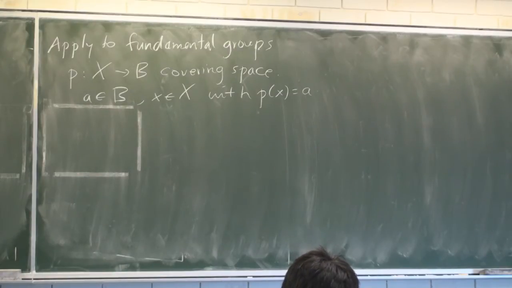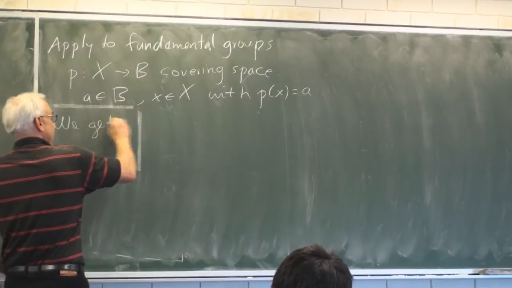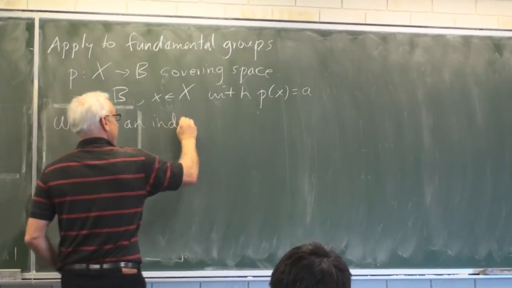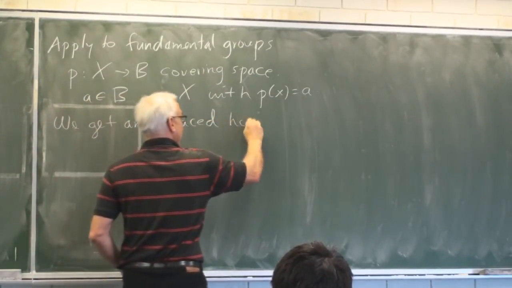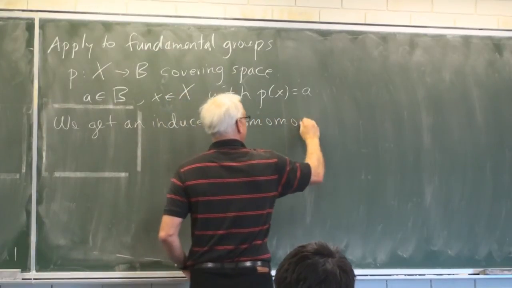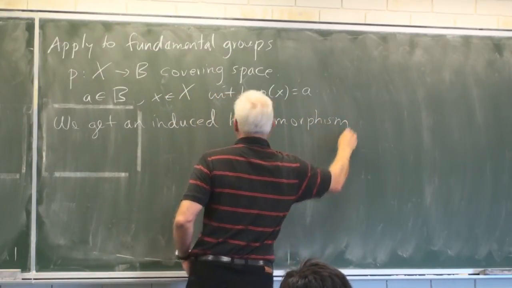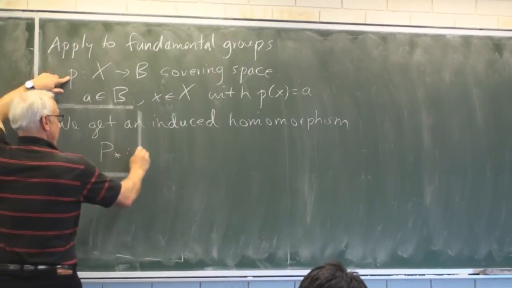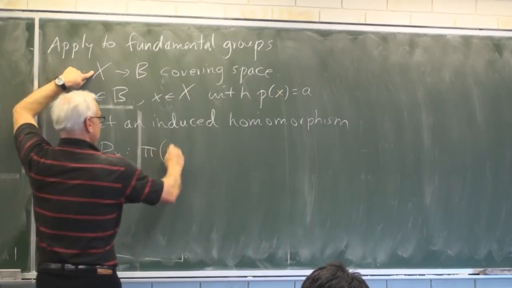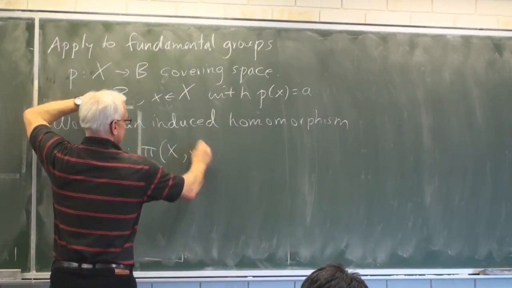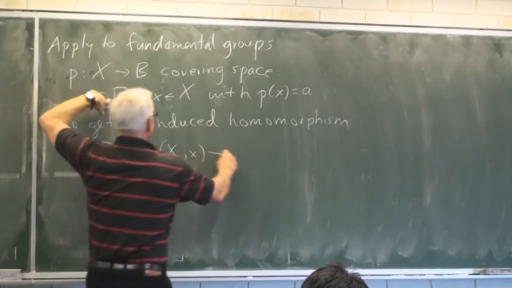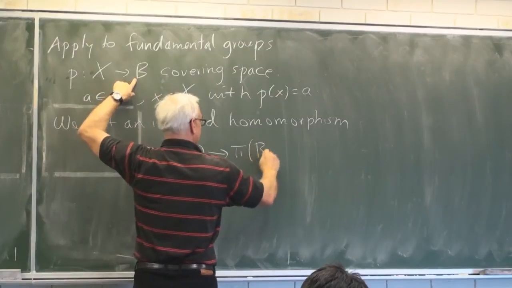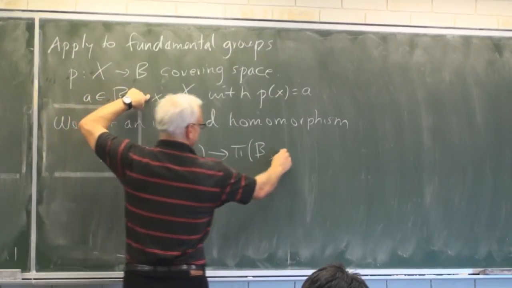That happens automatically. Whenever we have a continuous map between two spaces, we get an induced homomorphism, and since the map was called P, we'll use P star, from the fundamental group of this space centered at x, to the fundamental group of this space centered at the image of x, which is A.